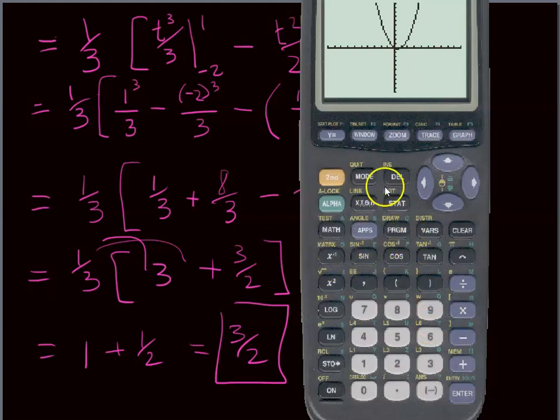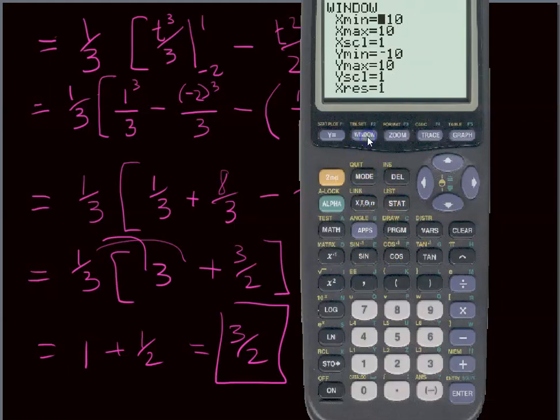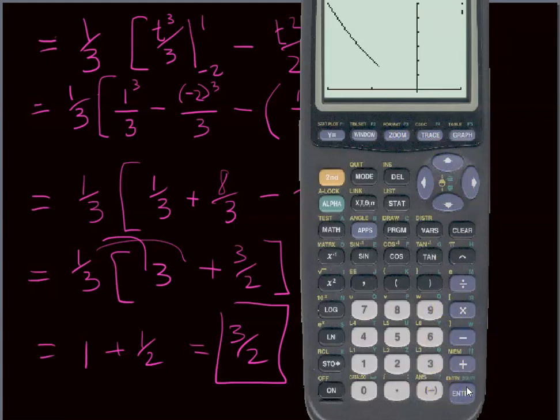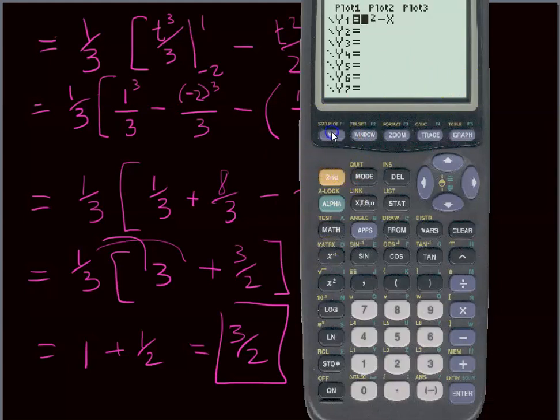We can then do this from a negative 2 to 1. And do a zoom fit. And so it's going to be a little bit underneath there. We found the average value to be 3/2 or 1.5.